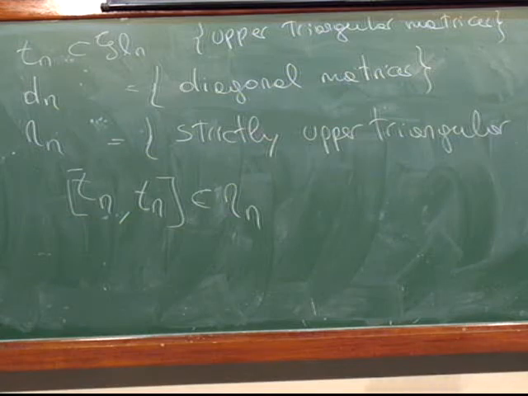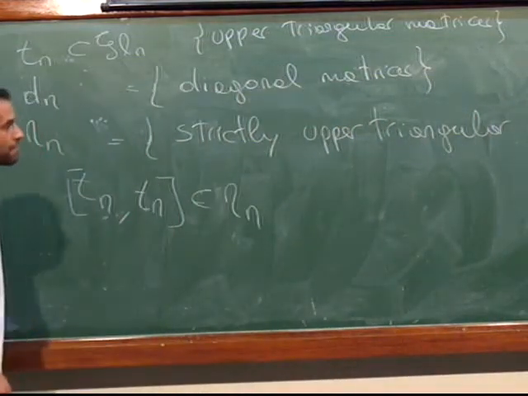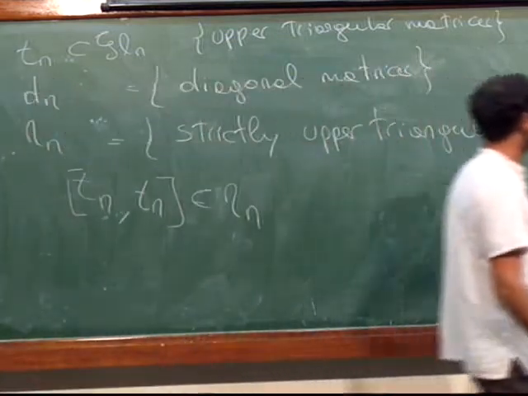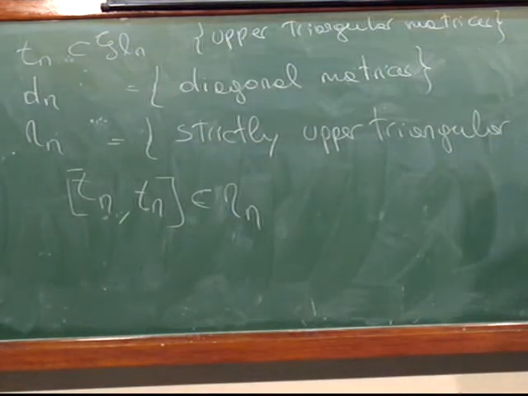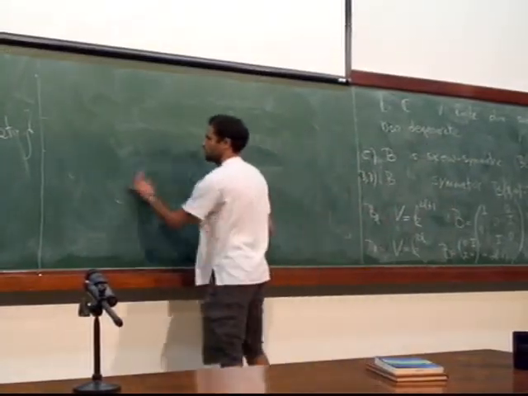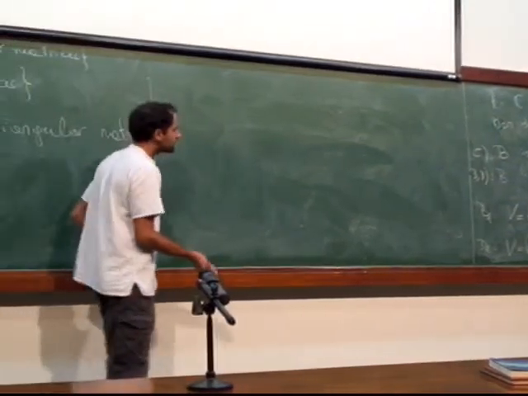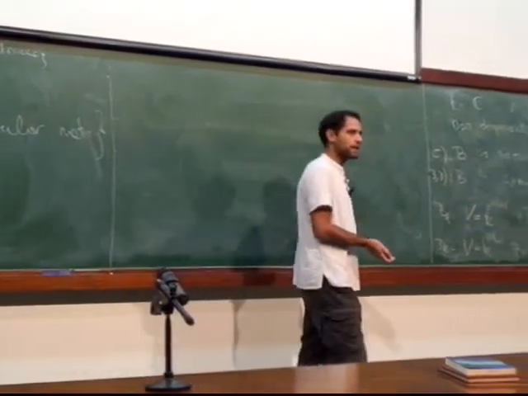Okay, so now let's move on a little bit to something I am interested in. A whole bunch of mathematicians are interested in representation theory of Lie algebras. Where does that come from? Well, for any vector space, GL of that vector space is a Lie algebra.